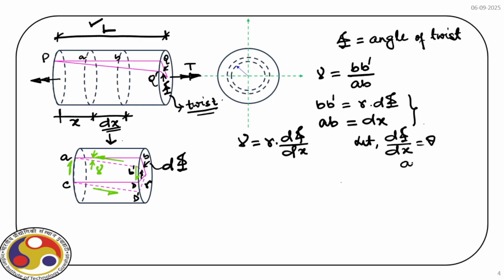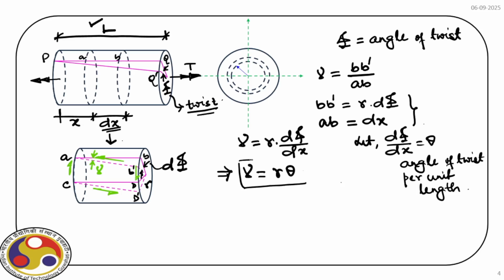That is the angle of twist per unit length. Then what we get is shear strain equal to r times theta.